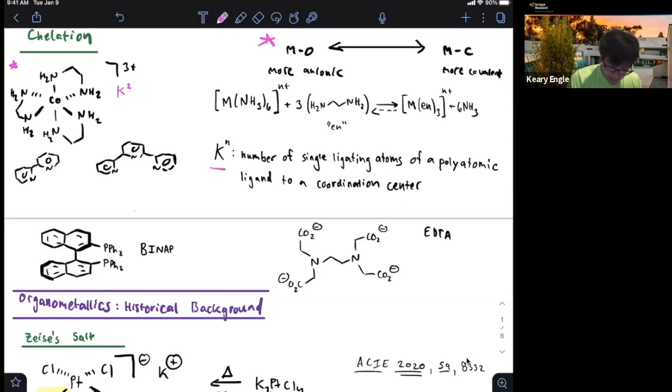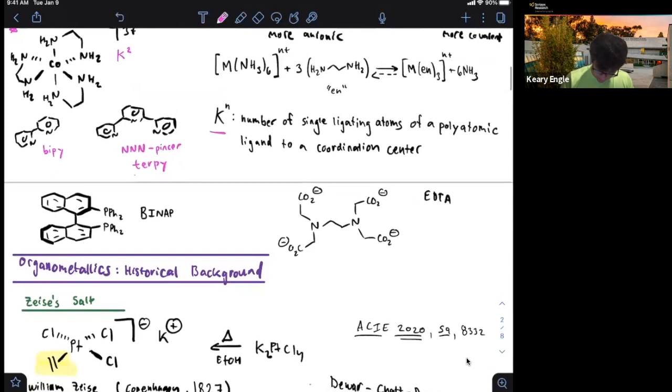Other examples of chelating ligands are shown here, some of which you may have already used in the course of your research. We talked about pincer ligands. This would be an N pincer. Specifically, this structure is called terpy.